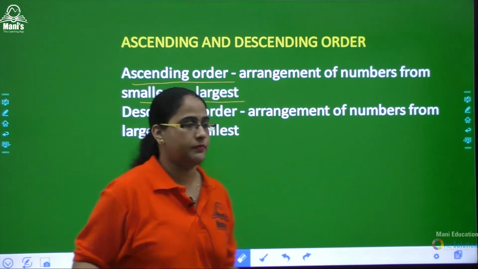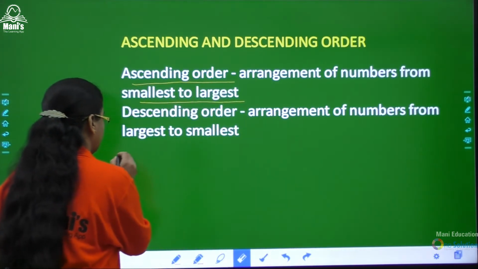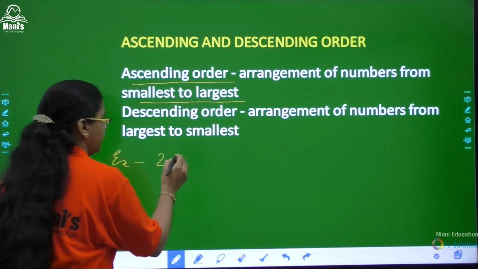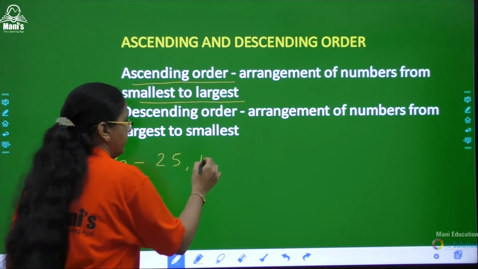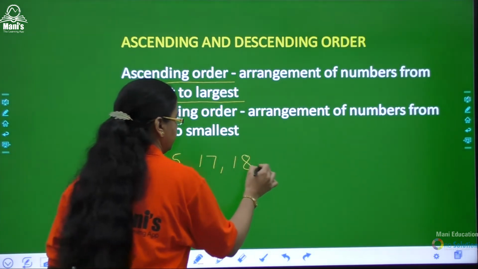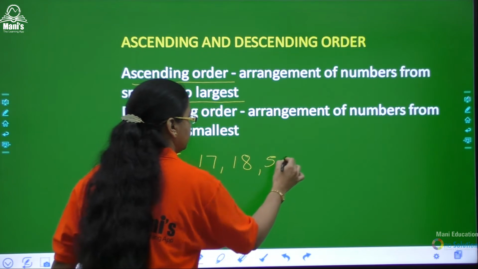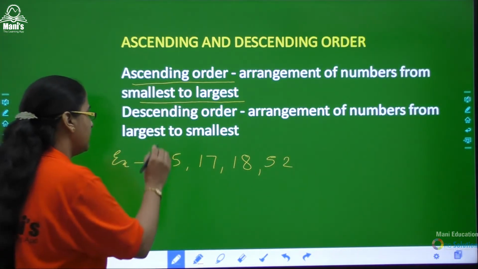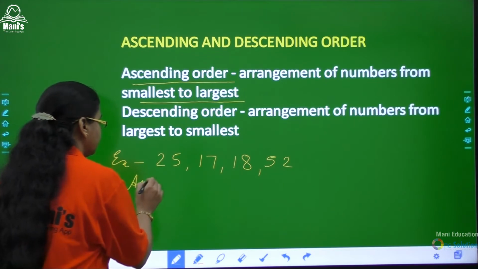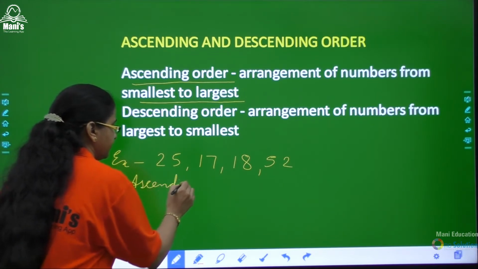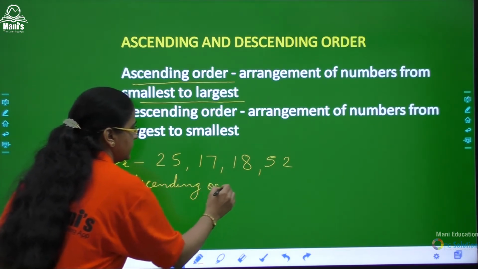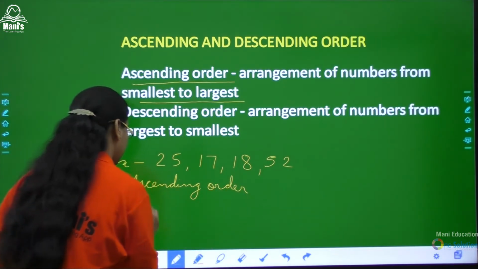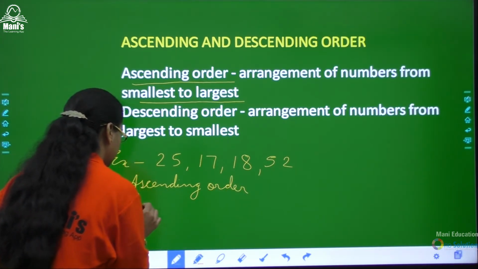One more example I am giving you. The example is 25, 17, 18, 52. Suppose these numbers are written, and we have to arrange them into both ascending order and descending order.